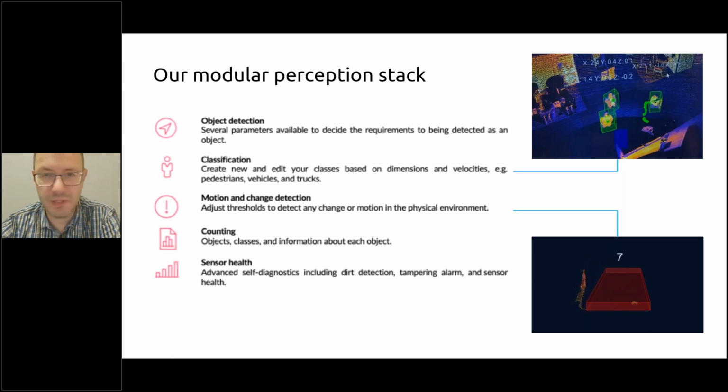Then we have classification, and our software is also quite unique in that we allow our customers to create their own classes, to define their own classes. This is dimensions and velocities based classification. So it is enough that you know the minimum and maximum dimensions, and minimum and maximum velocity which an object can have and can move.